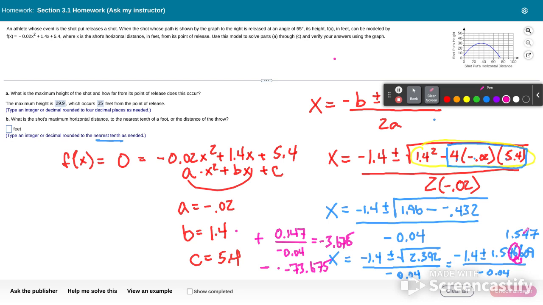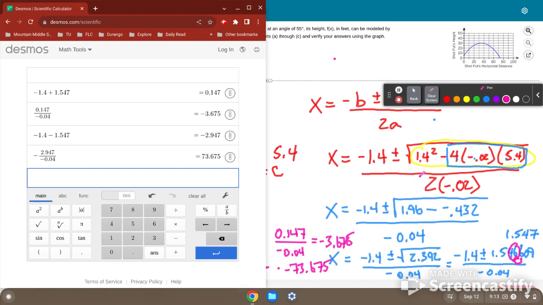That gives us a positive divided by negative gives us that. And this gives me minus that. All right, let's go back and recalculate this one because I think that's where my error is in play. All right, so let's pull up the calculator one more time.